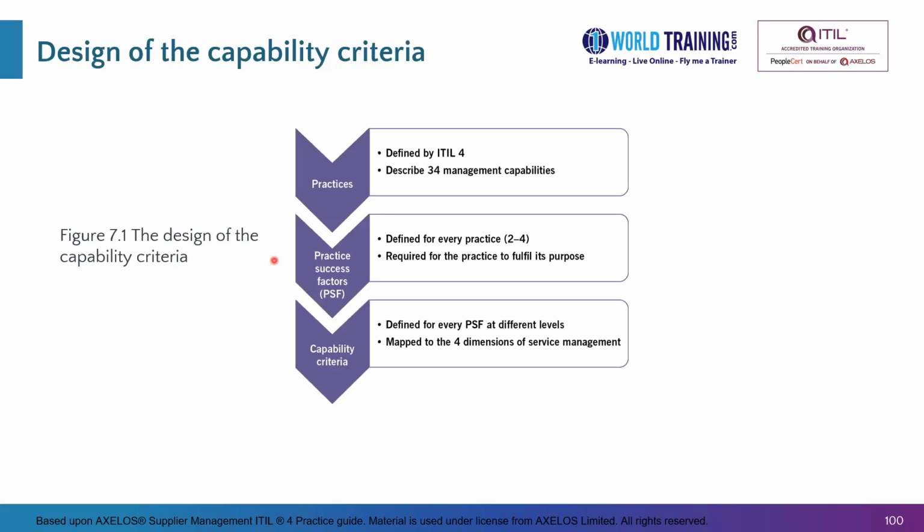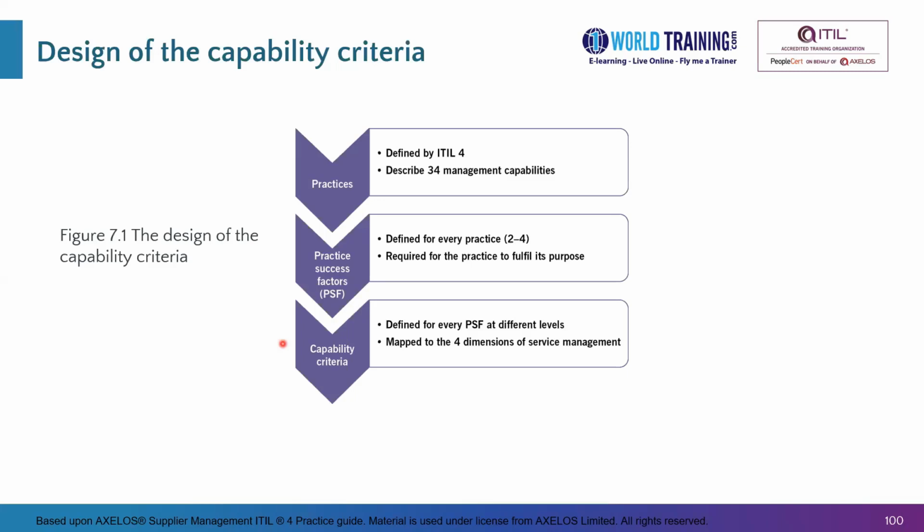And we have seen also that each of the PSFs has its own metrics. And therefore, the capability criteria are defined for each of the practice success factors, meaning each PSF could have somewhere between 5, 6, 7, or 8, or even more capability criteria. And each of these criteria is mapped to a specific level of the capability model.